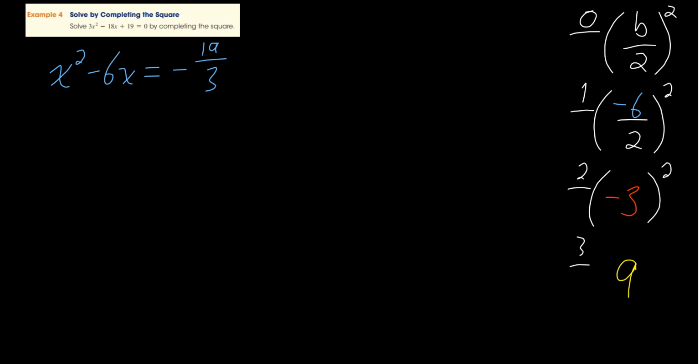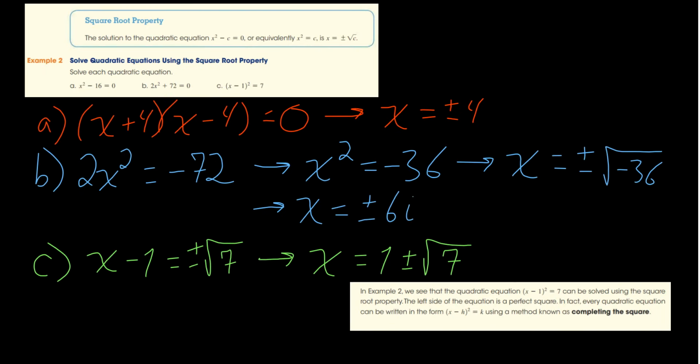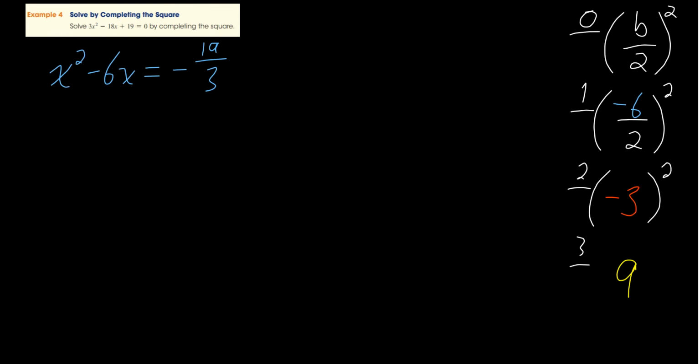Okay, so the whole point of this is to make the left side a perfect square trinomial. A perfect square trinomial, again, is this right there, the left side of C. So what I can do now is rewrite this equation.